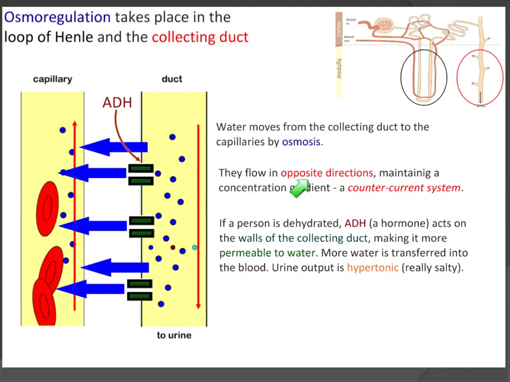Because the fluid in the duct is flowing in an opposite direction to the blood in the capillary, it maintains a favorable concentration gradient. And so it means that the movement of water from the duct to the capillary is going to be much more effective than if both of these were flowing in the same direction.